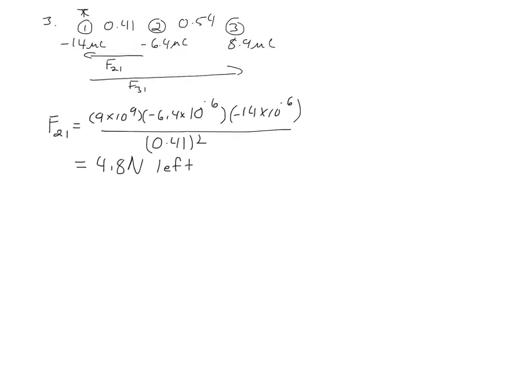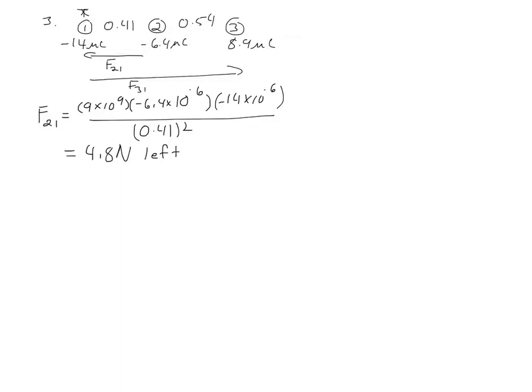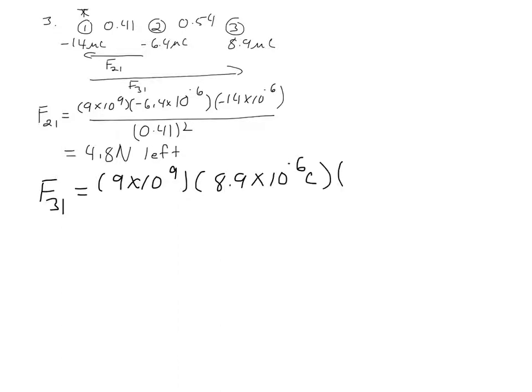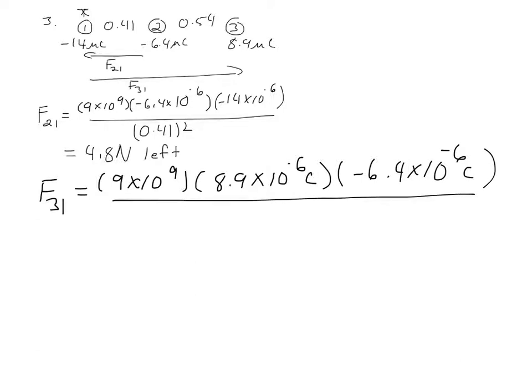Now we're going to do force 3 on 1. It's going to equal 9 times 10 to the 9th for k, times Q3 is 8.9 microcoulombs. We got to convert that to coulombs, so 8.9 times 10 to negative 6 coulombs, times negative 6.4 times 10 to negative 6 coulombs, all over the distance between them squared, so it's going to be 0.41 plus 0.54 quantity squared.